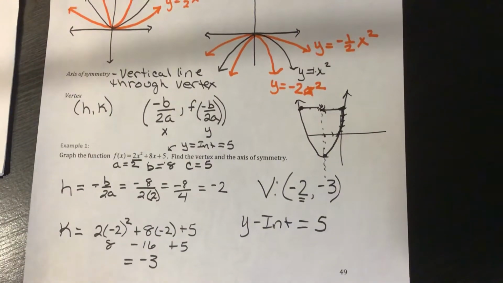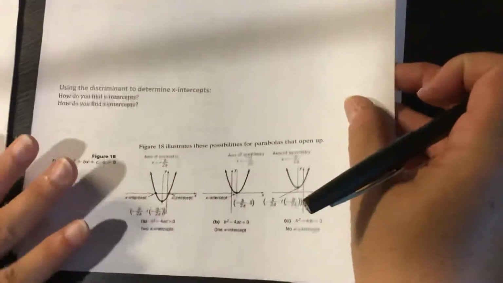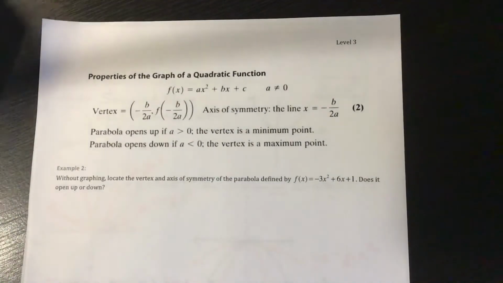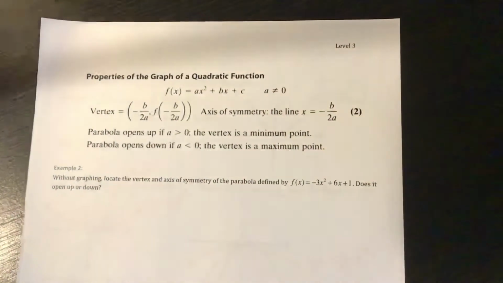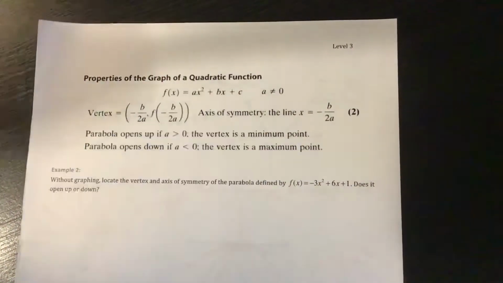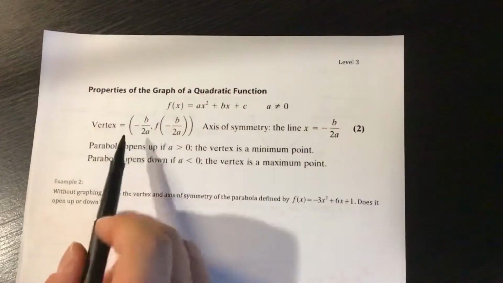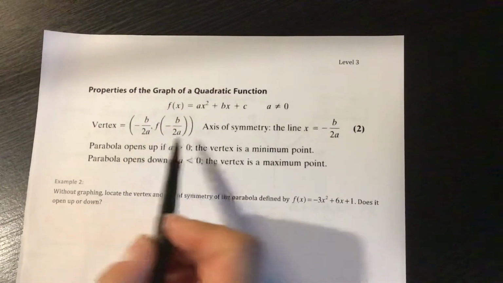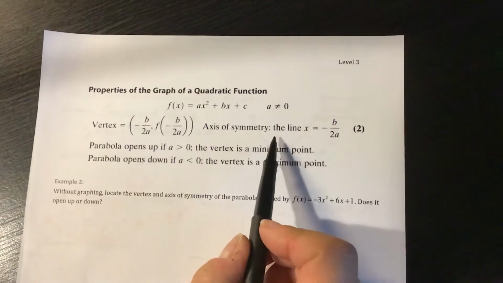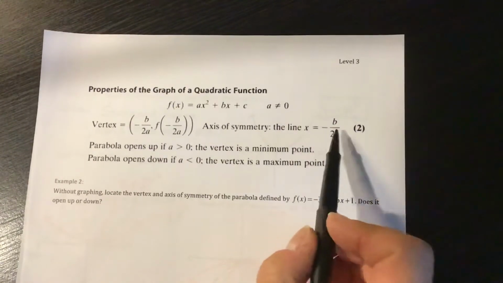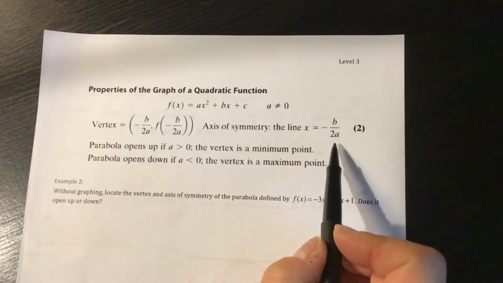All right, so looking at the next page, this is just kind of a summary of what we have done already. We're looking at the function ax squared plus bx plus c. We have the vertex, and we know that the axis of symmetry is the line x equals minus b over 2a.